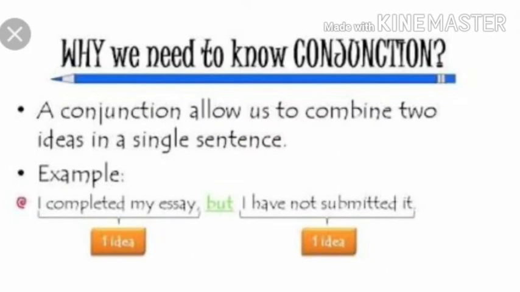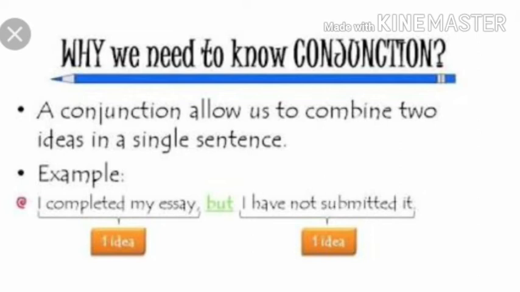So, first of all, you might have thought of the question, why do we need conjunctions? The answer, my dear children, is that a conjunction allows us to combine two ideas in a single sentence. Right? For example, I completed my essay. I have not submitted it.